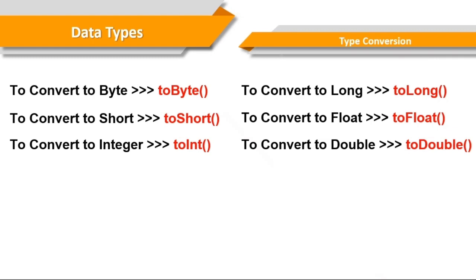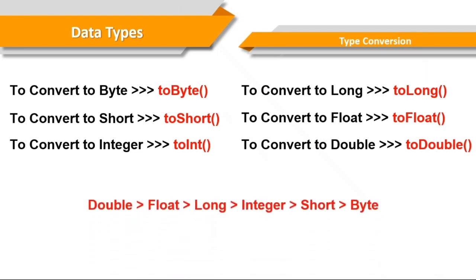You remember I shared the sizes of data types in the previous lesson? Let me remind you once again: the largest of the data types is double, then float, then long, then integer, then short, then byte. If you convert a small value to a large value, there's not going to be a problem.